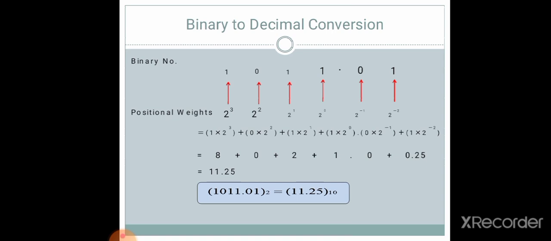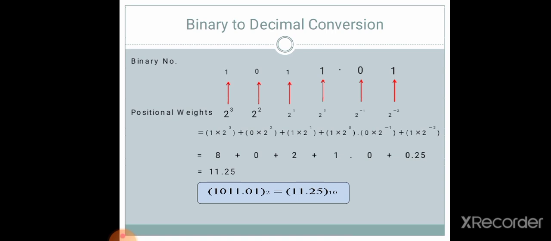See the number which is on the right hand side of the integer part, that is 1. For 1 the weight is 2 raised to 0. Then for the next one the weight is 2 raised to 1. For 0, 2 raised to 2, and for the last 1, 2 raised to 3. So this is the method of putting the weights for each bit of a binary number.